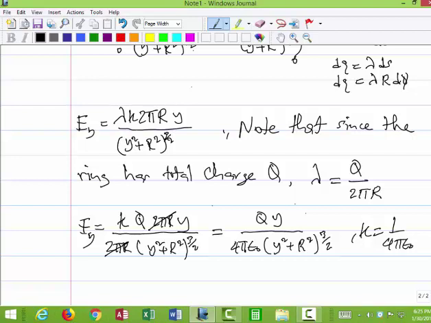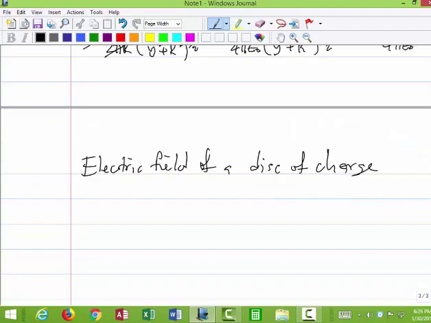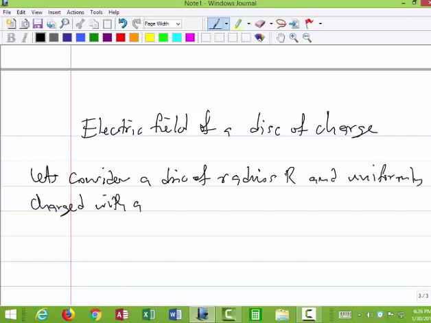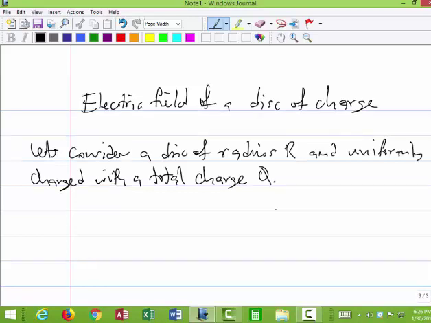We can look at the electric field of the disk next. Okay, so we can consider a disk of radius r and uniformly charged with a total charge q. So let's find the electric field along the y-axis.